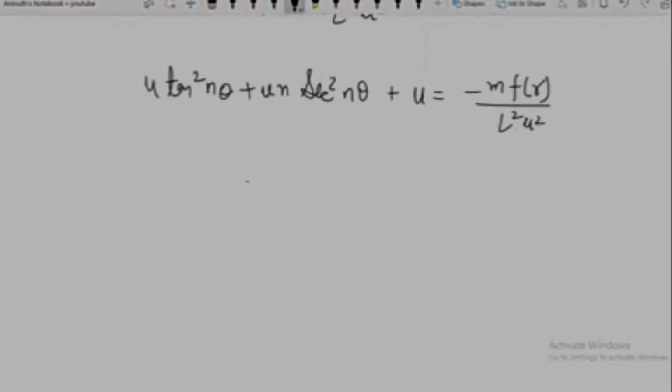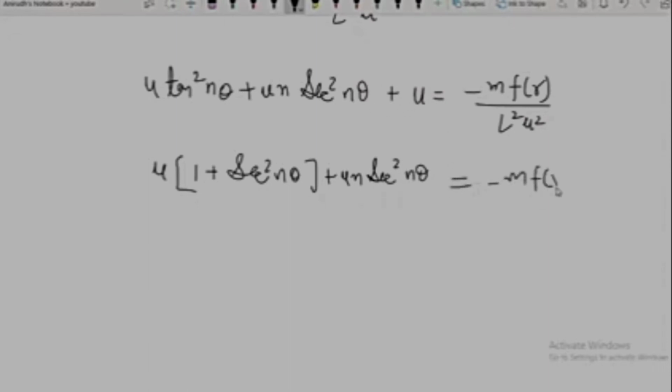After that, we take u common in the first and third terms. So we get u into 1 plus tan square n theta plus u n secant square n theta is equal to minus m f of r by L square u square.